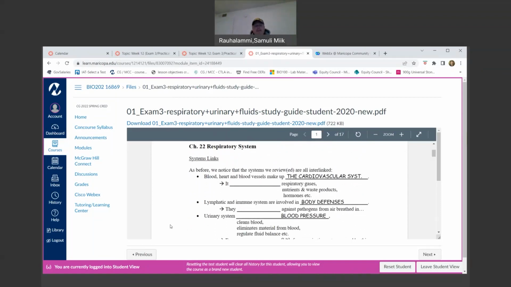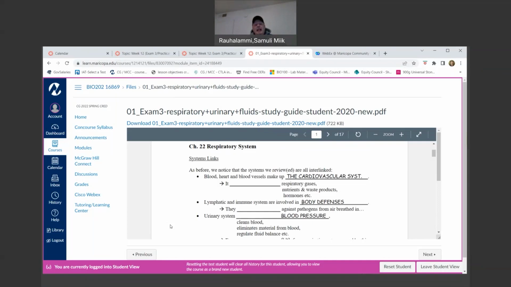You might also remember that one of the things that I do for our exams is that the exam questions are pulled from this study guide. So it's definitely worth taking the time, working through it, and if anything seems unfamiliar or concepts that you're not totally comfortable with, it is a good time to revise those.